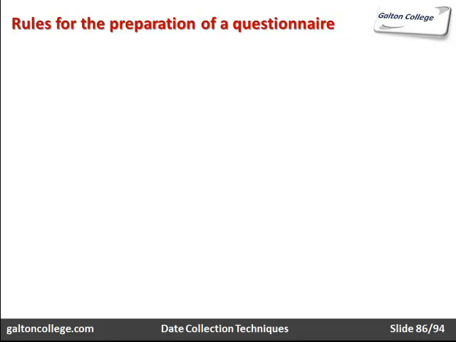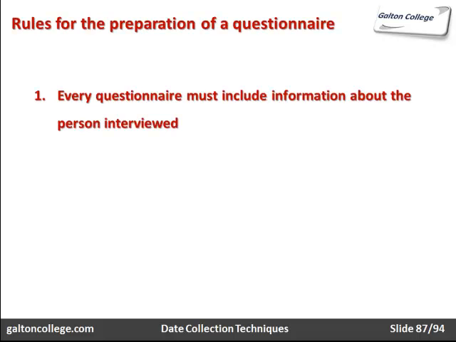Rules for the preparation of a questionnaire. Well, every questionnaire must include information about the person being interviewed. It doesn't have to be deep personal information. It could be just the person was interviewed at 11:45 a.m. in this location.